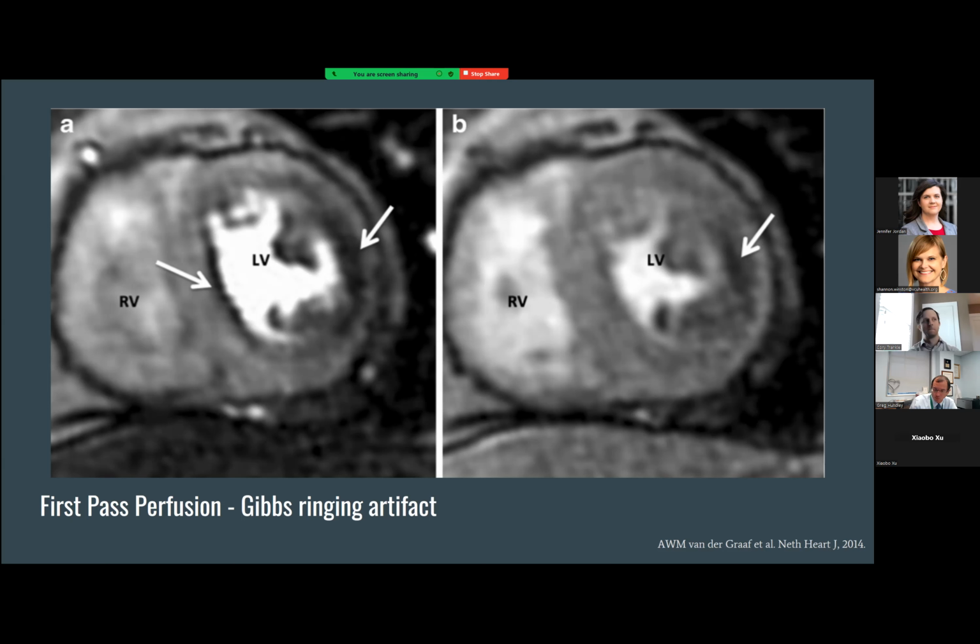But the darkroom artifact is typically only about a pixel wide. So on the lateral wall, you can see a much broader range of hypoperfusion or hypointensity. And so that gives us more information that is probably a true perfusion defect, in addition to the fact that it lasts for several heartbeats too.